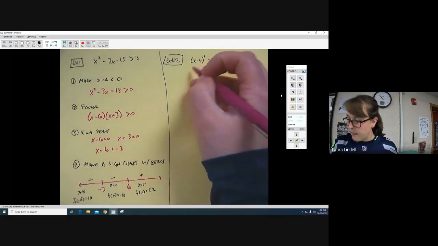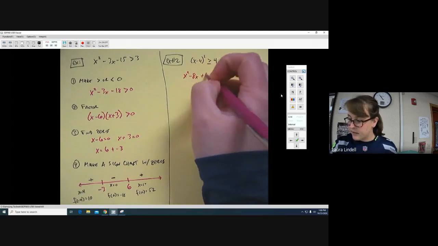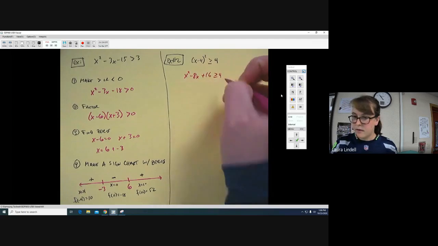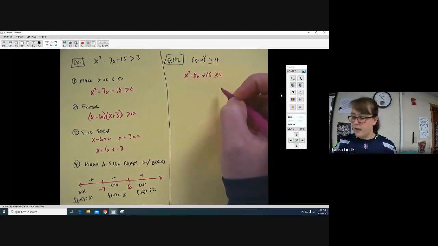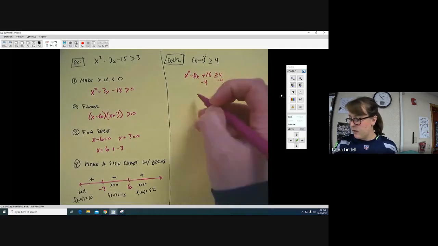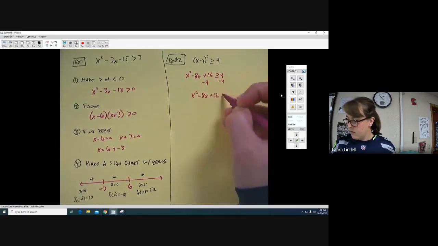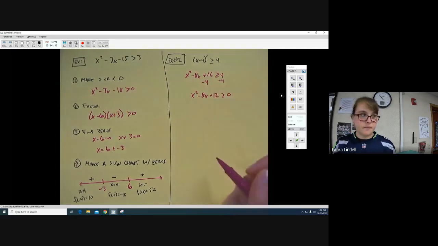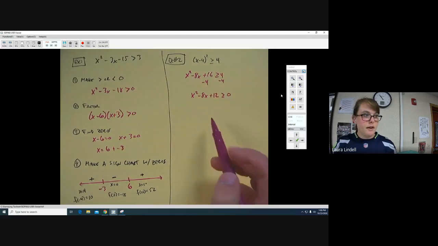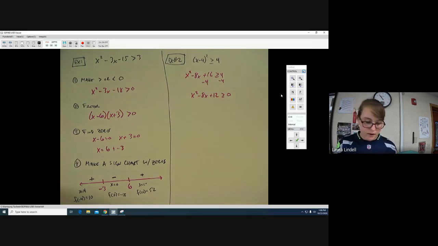We get x squared minus 8x plus 16. And then subtract 4 from both sides to get the 0 over here. Okay. At this point, you could stick it into Desmos and see what you get. Or to do it by hand, we can go through it this way.